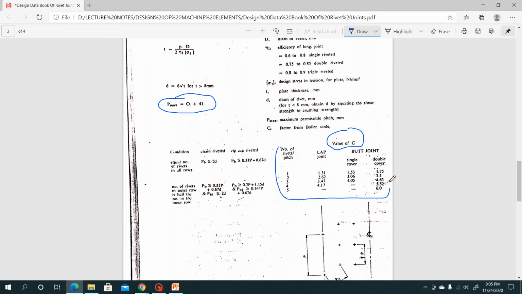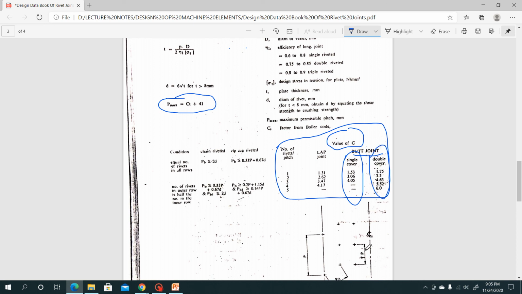From this particular table you can get the value of C. Since we are talking about design procedure of butt joint, so either we will see this particular table or we will see this particular table.